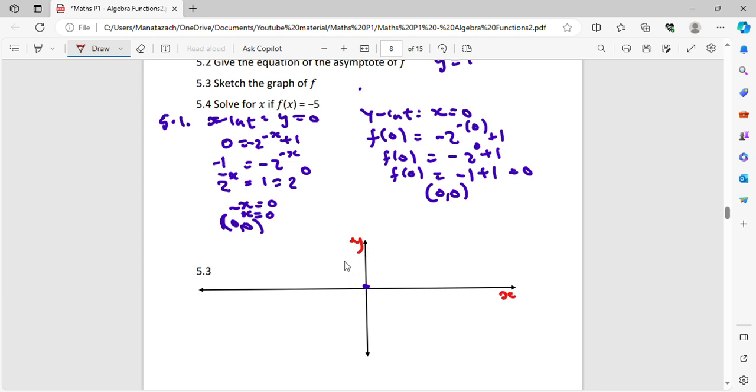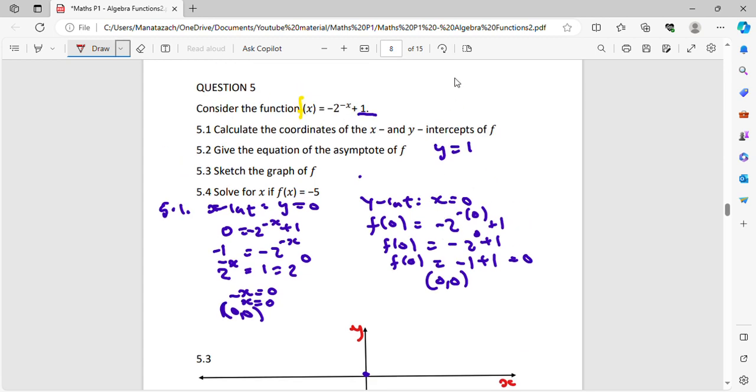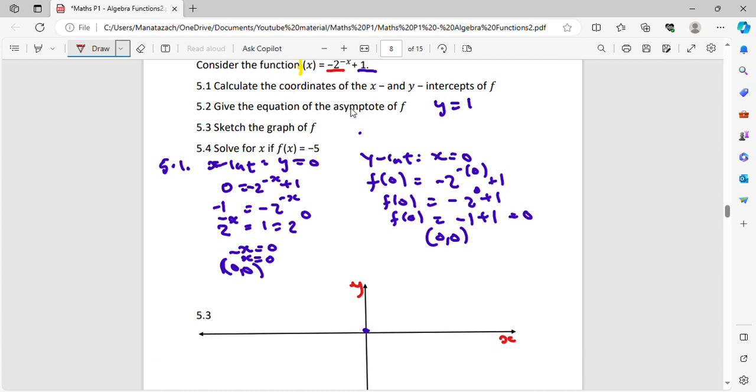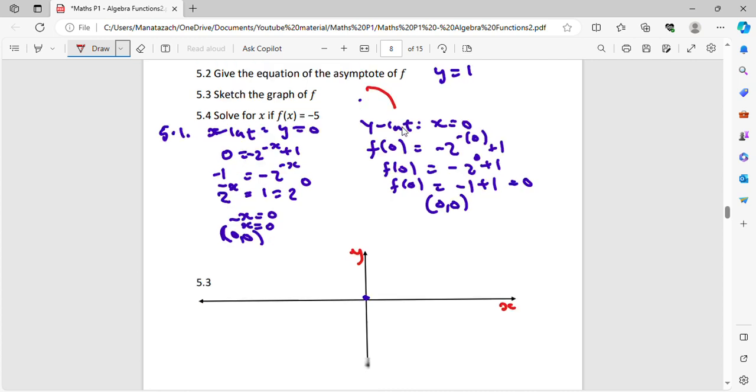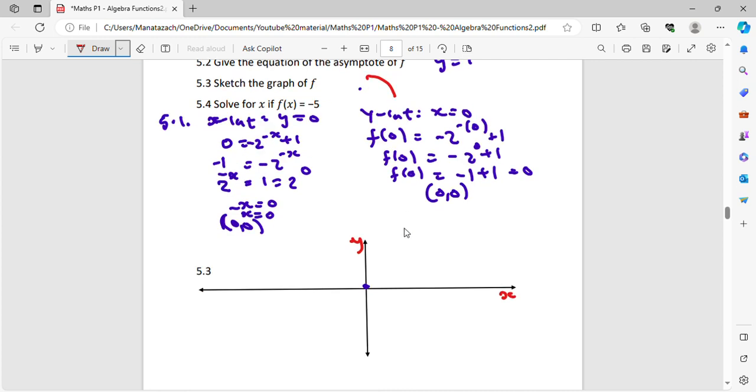Since our graph is negative on this term, we know that it's going to be facing downward. It's going to be pointing this way. So let's write the asymptote. We set the asymptote y is 1.